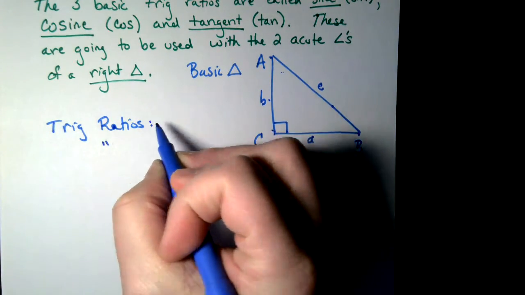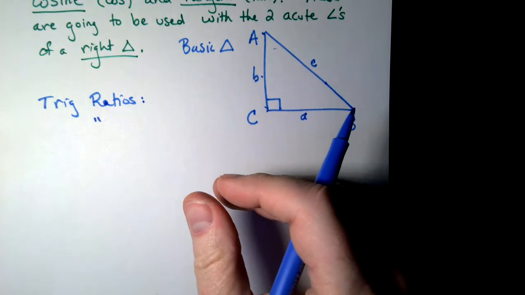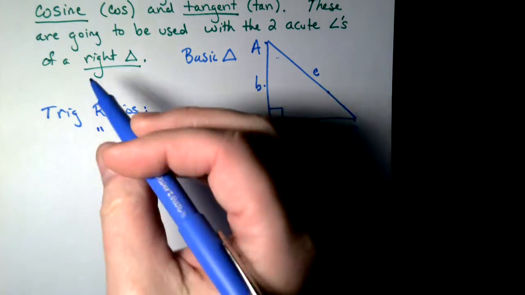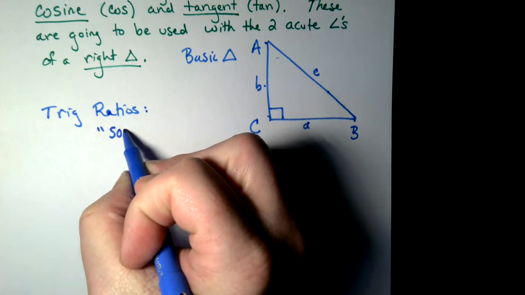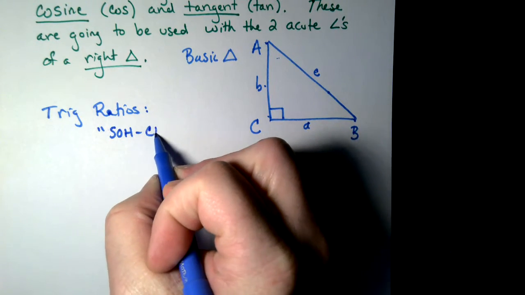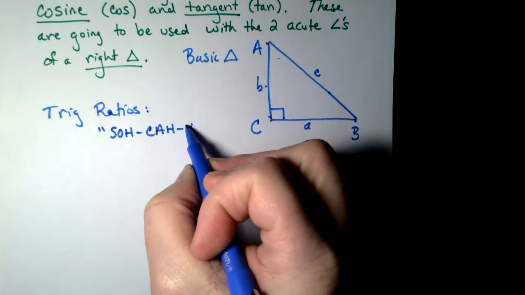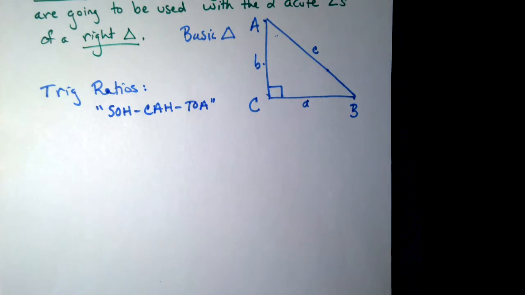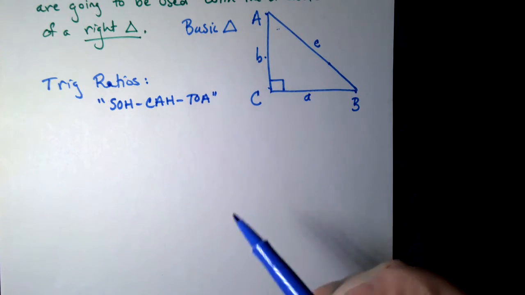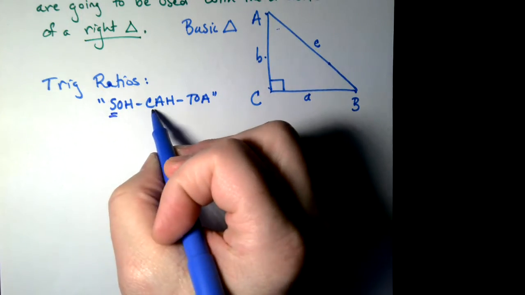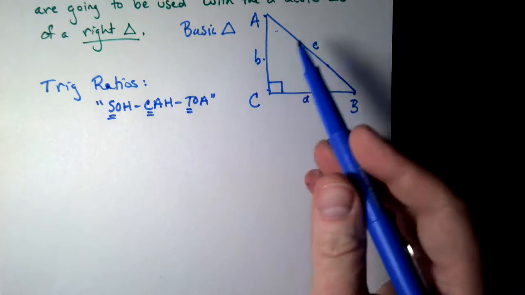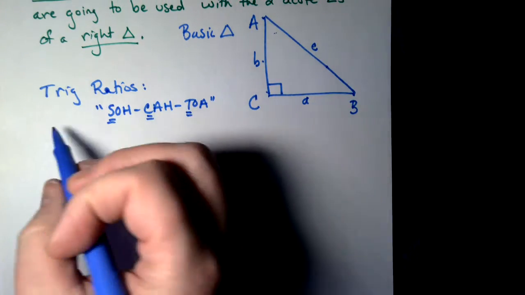Have you ever heard kids say, was there any trigonometry? They're like, oh yeah, if you know SOHCAHTOA, you're good. SOHCAHTOA, okay? It's a little way to remember what the sine, the cosine, and the tangent ratios equal. It all depends on which angle you're talking about.